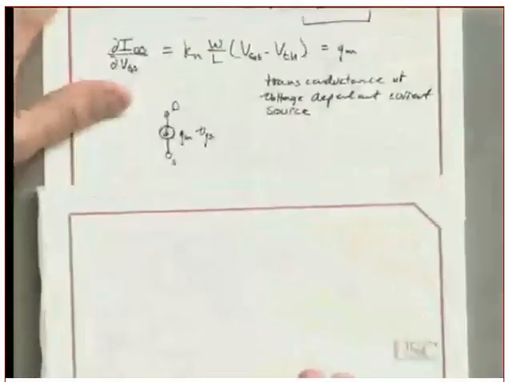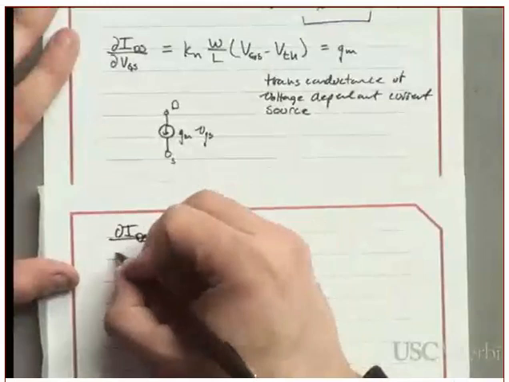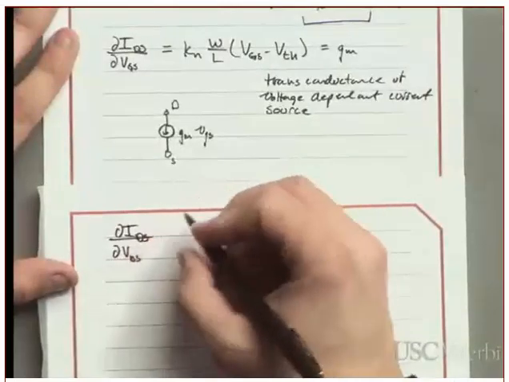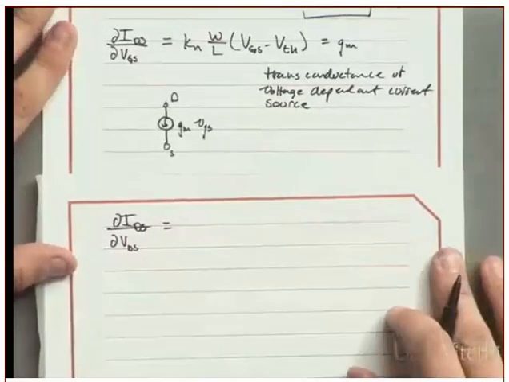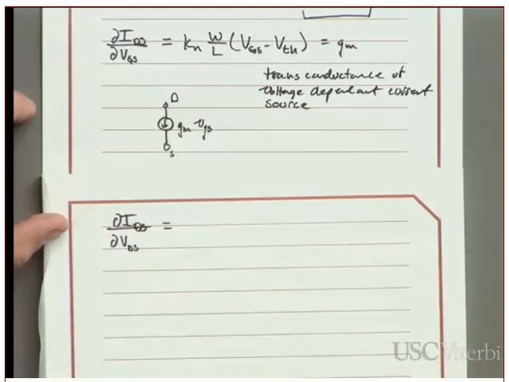So another one of those that we want to look at is this one, the derivative of IDS with respect to VDS. This one's a lot simpler. I left off a lot of this one.